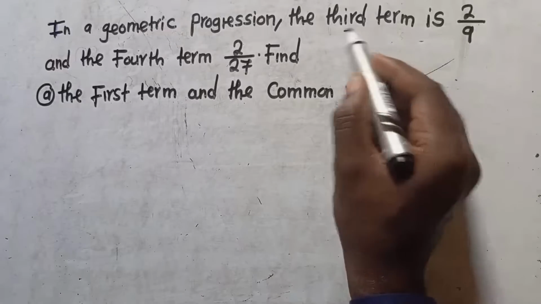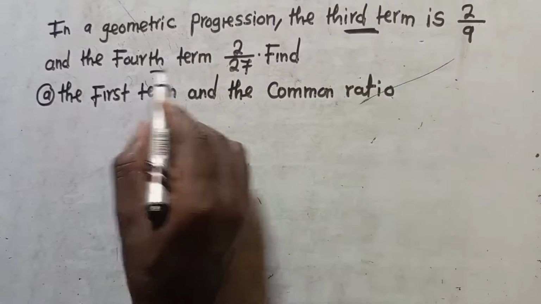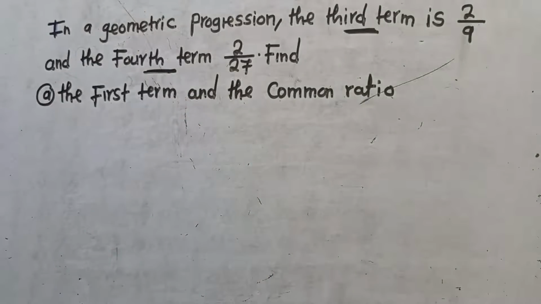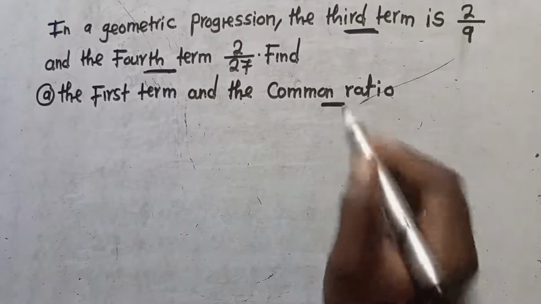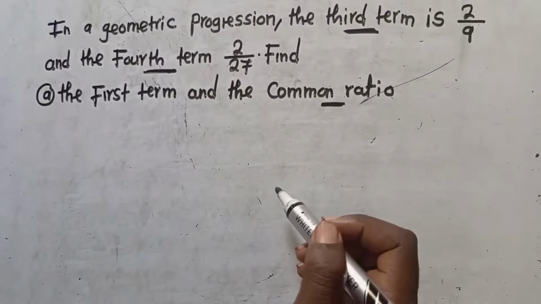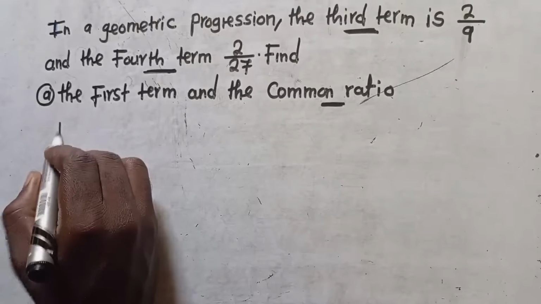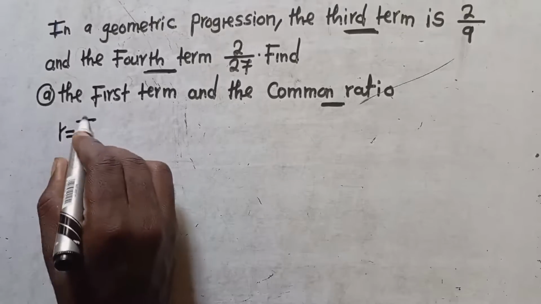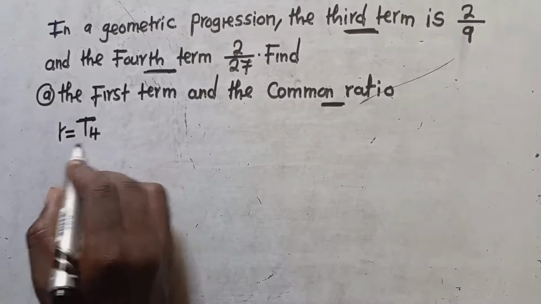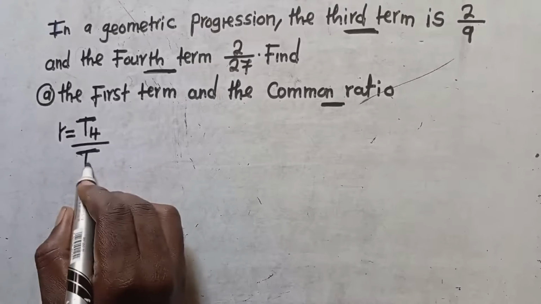So if this is the third term and this is the fourth term, these are consecutive terms. They are following each other. Meaning that for us to find the common ratio, you just say fourth term divide third term.